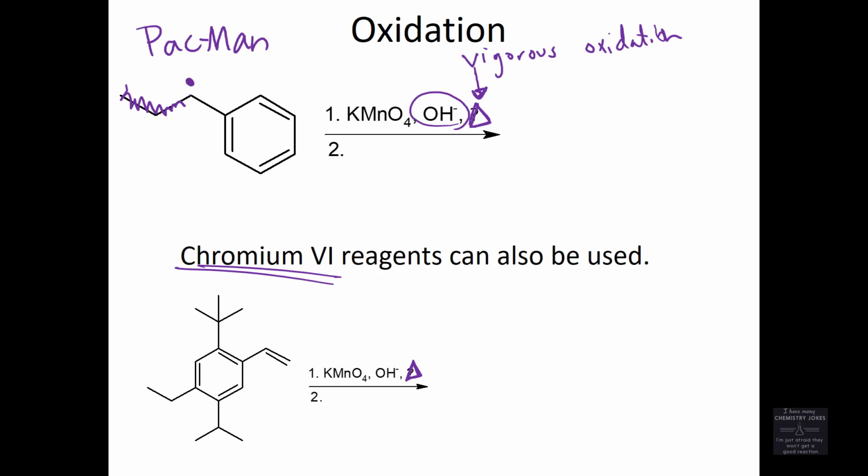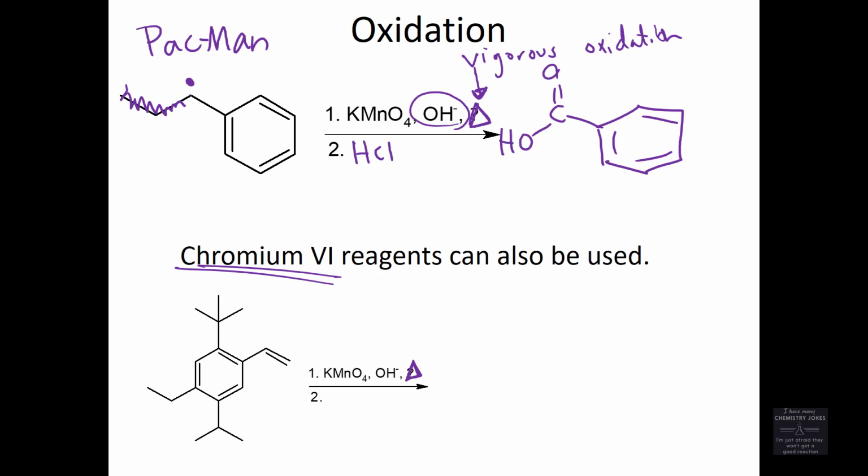The mechanism we're not going to walk through, but it makes a benzylic radical, and then that benzylic carbon becomes oxidized. It becomes a carboxylate after step 1, and then you add some acid in step 2 to make sure that you get a neutral carboxylic acid in the end.